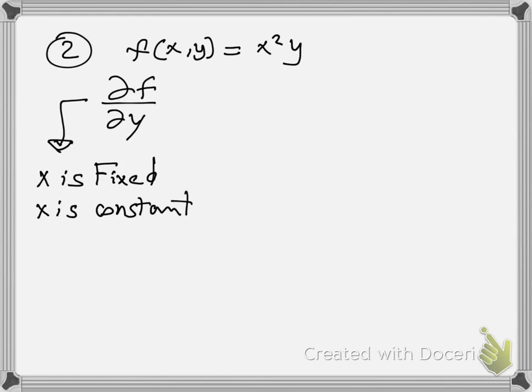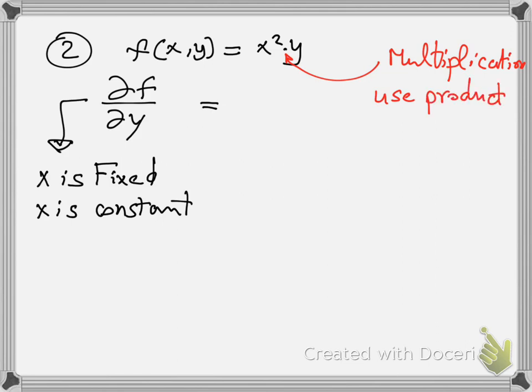Again we have x squared times y, a multiplication, so we need to use the product rule. This is like my f and this is like my g.